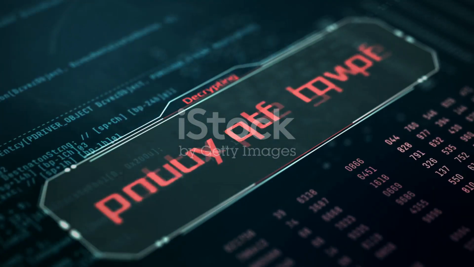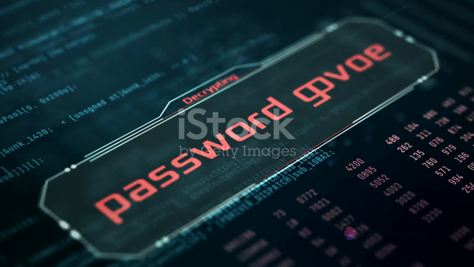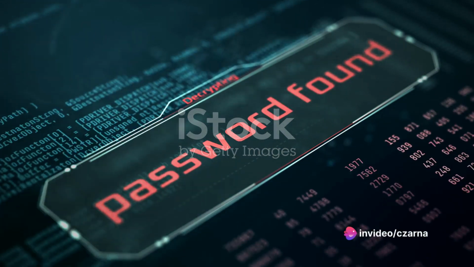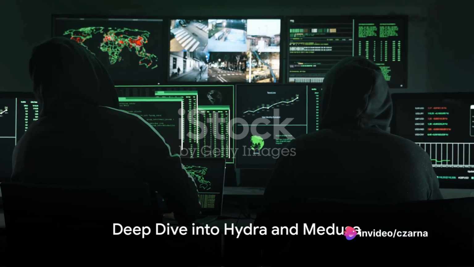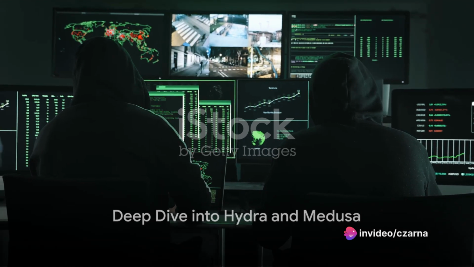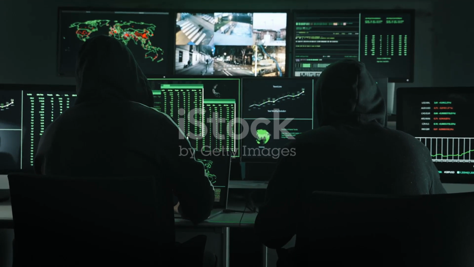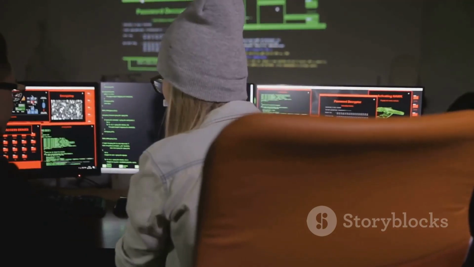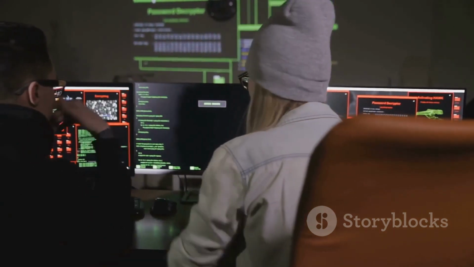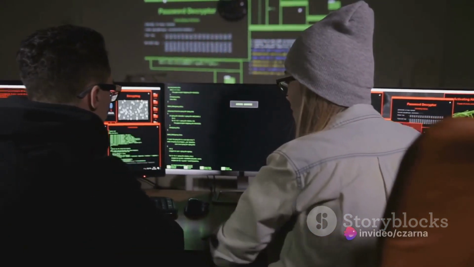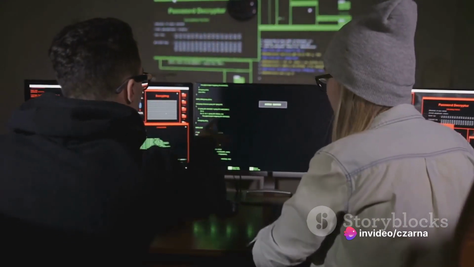John the Ripper, with its extensive features, is without a doubt a powerful tool in the hands of a pen tester. Hydra and Medusa, though not as versatile as John the Ripper, are equally important in the realm of credential testing. Hydra, named after the mythical beast with many heads, is a tool as fierce as its namesake.